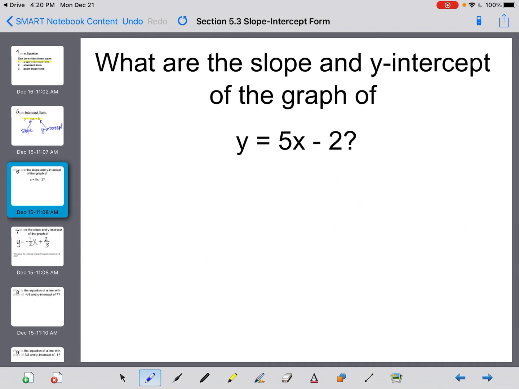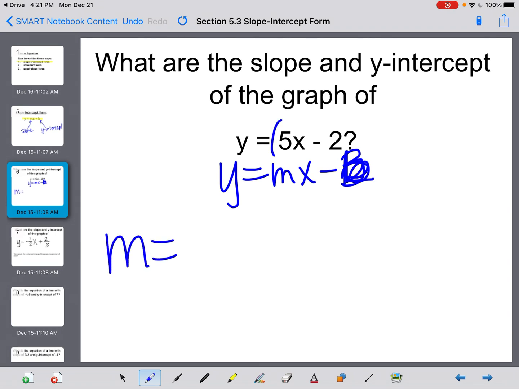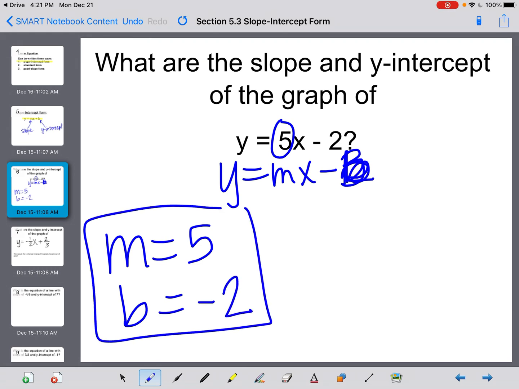All right, so at the beginning, all they're going to ask you for is what are the slope and the y-intercept of this equation? Well, remember that this is really y equals mx minus b in this case, or plus a negative b. Sorry, it's a b. So we're going to write down our slope is 5, and our y-intercept is negative 2. That's all they're looking for.